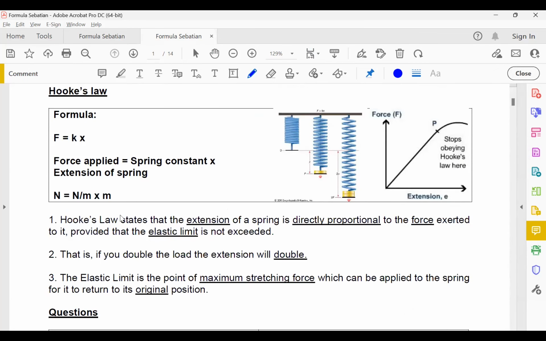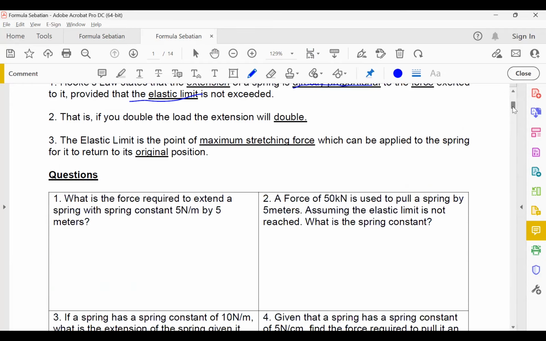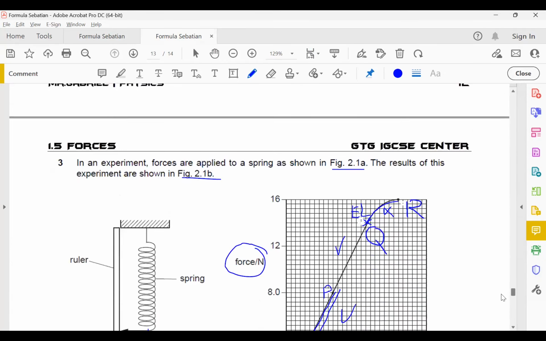Hooke's law states that the extension of a spring is directly proportional to the force exerted on it, provided that the elastic limit is not exceeded. So based on the graph itself, you can already describe Hooke's law, which is essentially what this question wants from you.